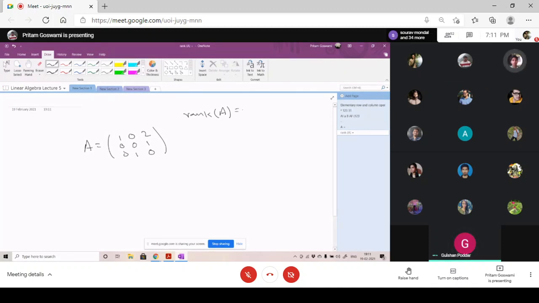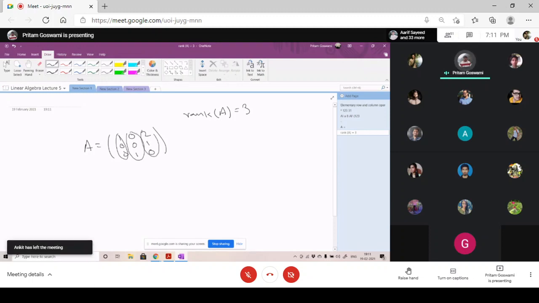It is 3, actually. Look here, these three column vectors are linearly independent. So the number of linearly independent column vectors is 3, so the rank is 3.